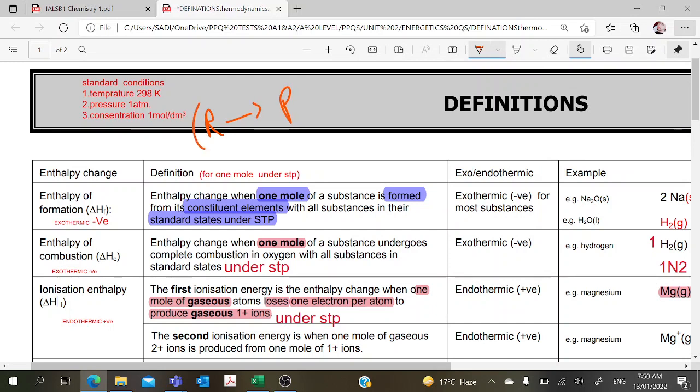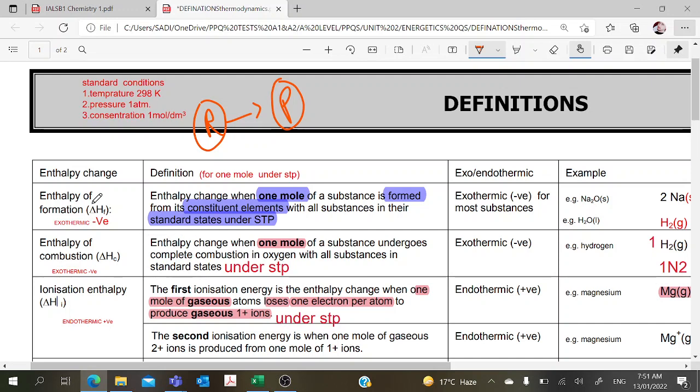There will be a certain amount of energy needed to break down the reactants, and a certain amount of energy which will be released when products are being formed. So the energy released and the energy absorbed during a chemical reaction, we are collectively estimating the difference between these two energies, and we call this an enthalpy change. That's studied under heat change, right?